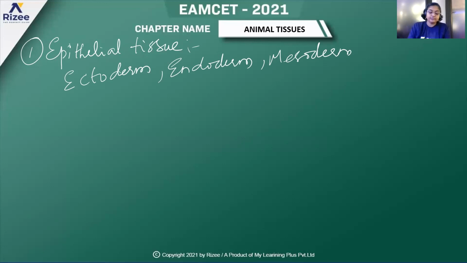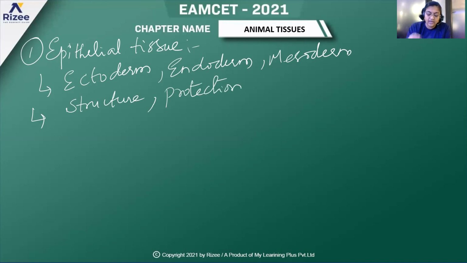Now, what is the main function of this epithelial tissue? As I said, it is lining or found upon the organs. So we can say that it forms the main structure of any organ, and it helps in lining the specific organs, helps in protection as well as support, then acts as a covering tissue layer, and then adsorption.